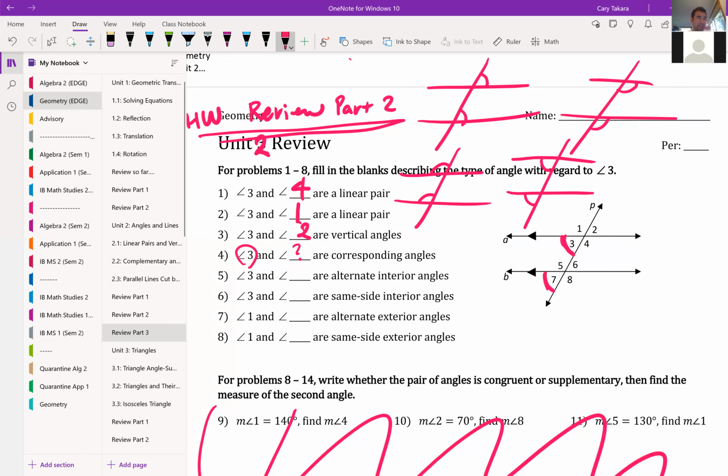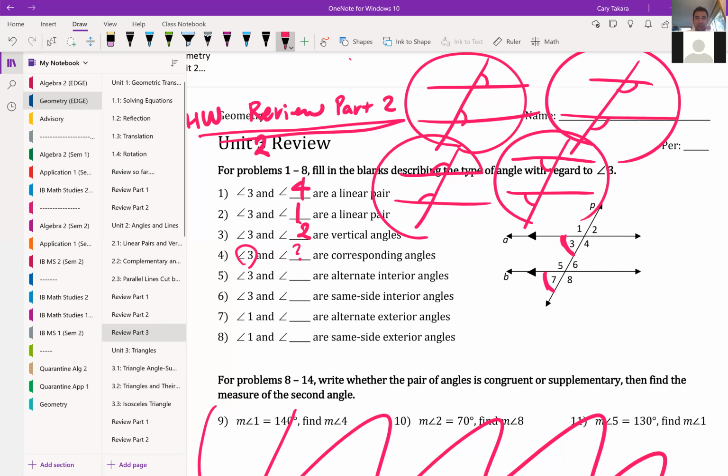So does that make sense? Corresponding angles are always on the same side of the transversal. Transversal is the diagonal line, right? And then corresponding angles are always on the same side. One is always inside the parallel lines, and one is outside, but they are far apart. Like these ones. These are all corresponding angles. So it will be 3 and 7. Does that make sense?